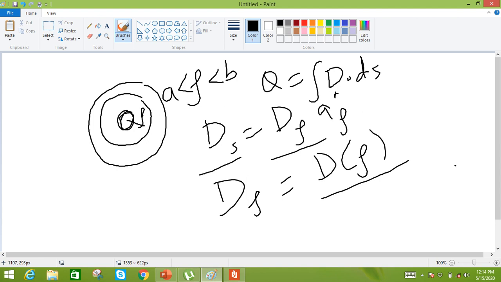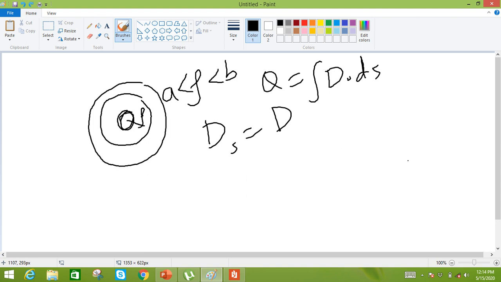If we move along the z axis or the phi axis, the electric flux density will not change. So, according to Gauss's law, Q is equal to D dot dS. So, जब हम गॉस लॉ अप्लाई करेंगे, Q will be equal to D rho dot dS.